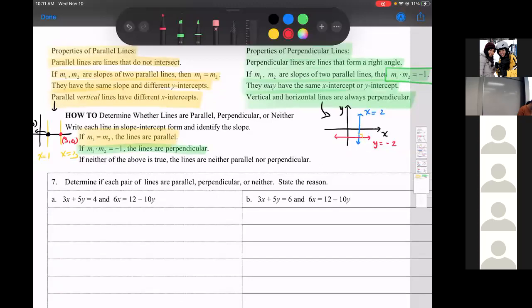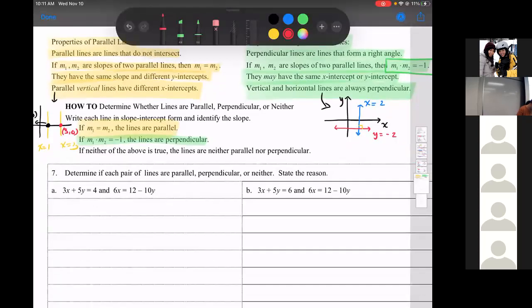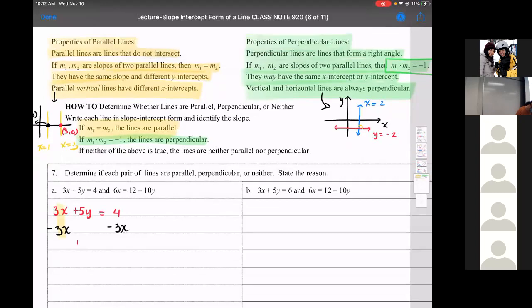So 7a, what should I do first? I'm going to rewrite this: 3x plus 5y equals 4. I need to change it into slope-intercept form first. So I have 5y equals -3x plus 4.